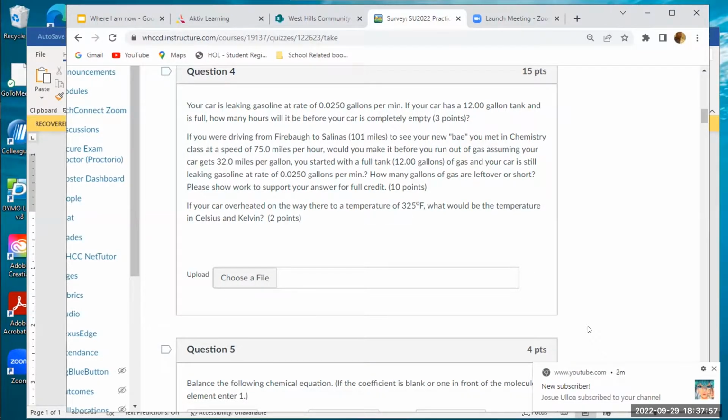Yes, you're able to use a calculator. So we have 12 gallons. This is what we're starting with, right? And so far, we've got the lead. That's 2.02 for the lead. Okay, what else?